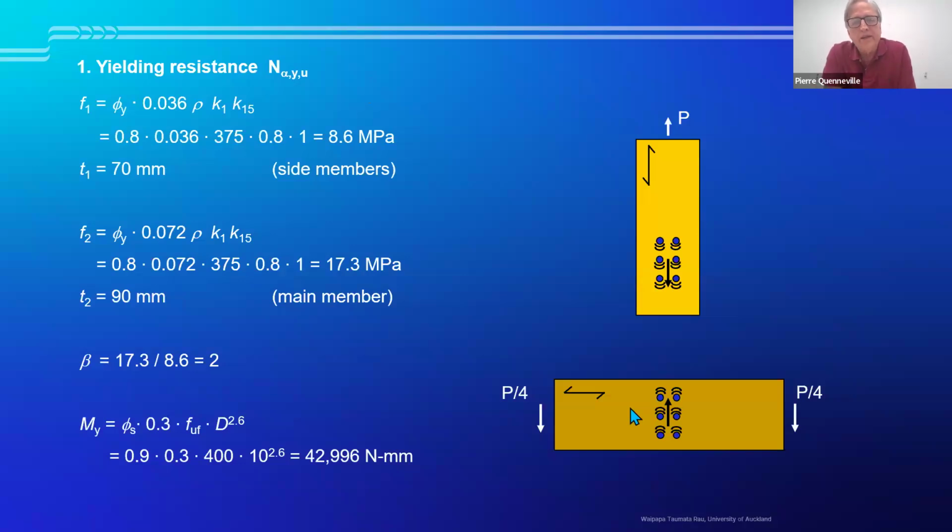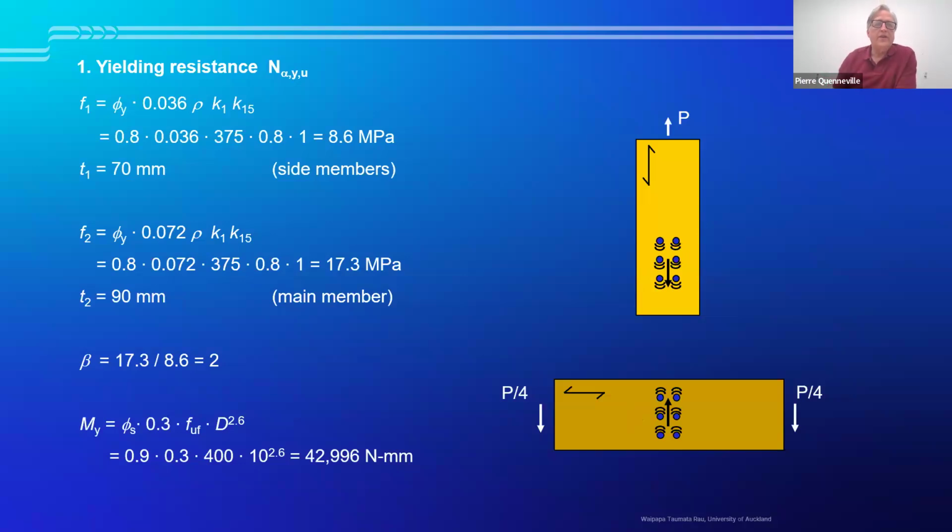So for the design, we would first look at the ductile failures, because that will determine the number of bolts. So getting the embedment in the side members for F1, and getting the embedment F2 for our main member.